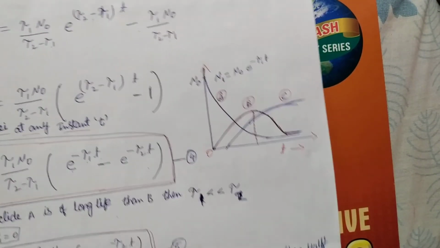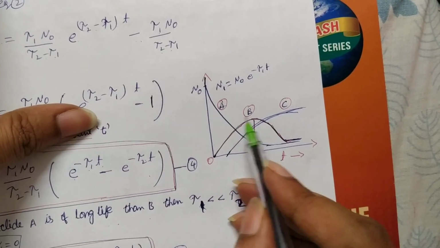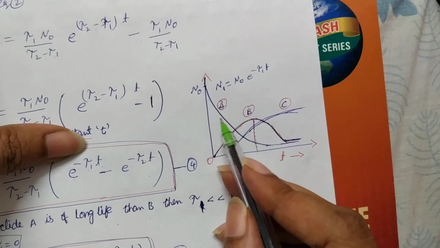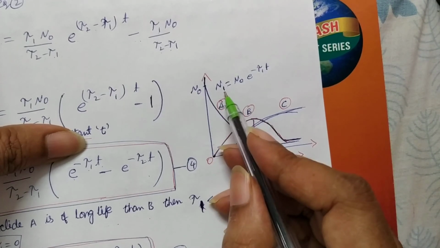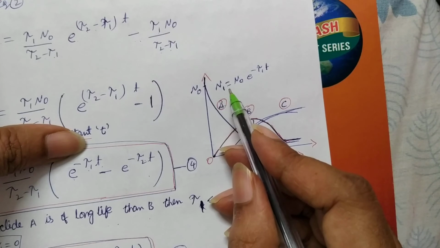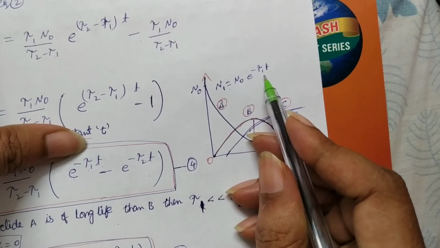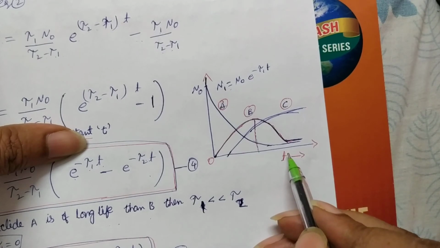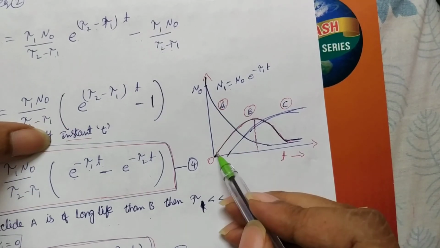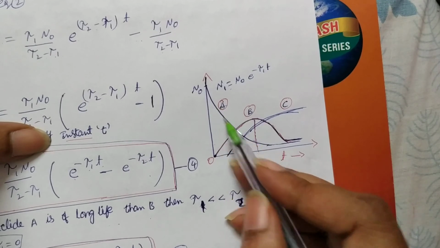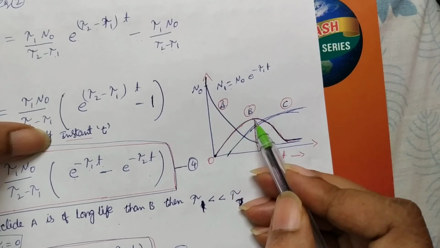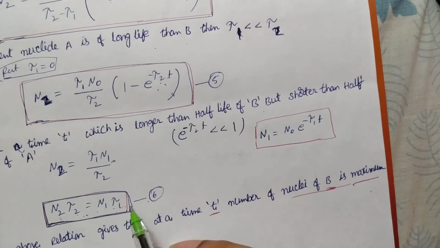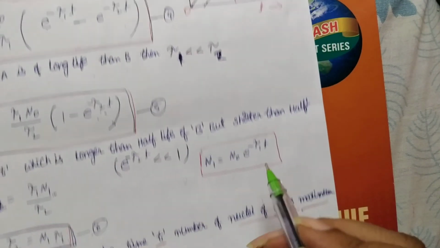Suppose you take graphs of A, B, C materials. A is continuously converted into B, so it follows the formula: the number of nuclei after some time is n naught into e power minus lambda 1 t, which decreases, but of course never becomes 0. B is initially 0, but as A falls down, its number increases until the number of nuclei of B becomes maximum here.